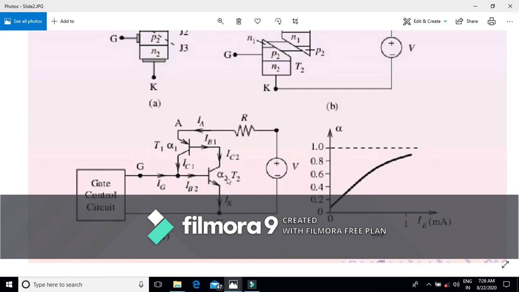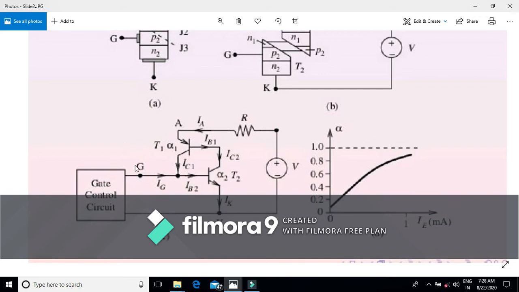T1 and T2 are PNP and NPN transistors, such that the collector current of T1 provides the base drive for T2. The gate current and the collector current of T1 provide the base current for T2.